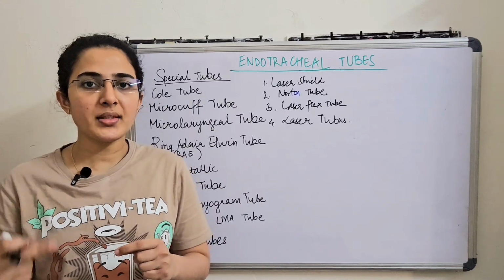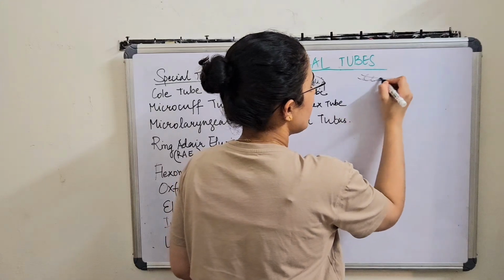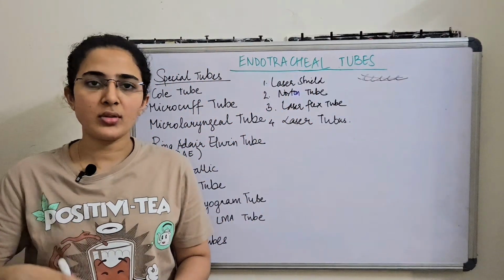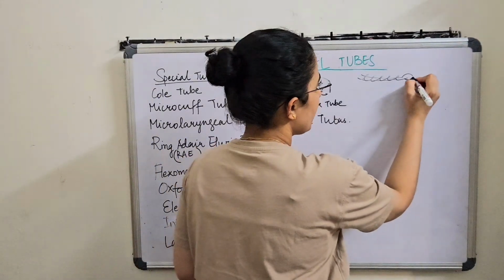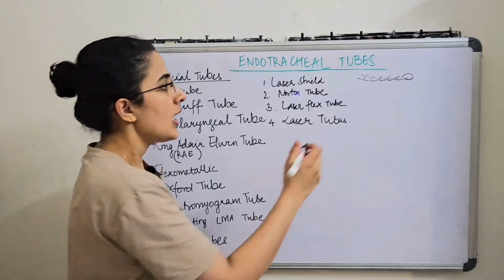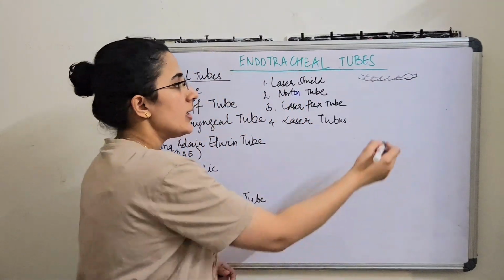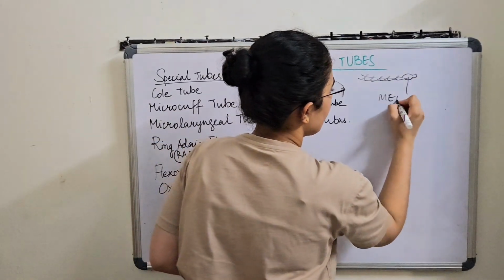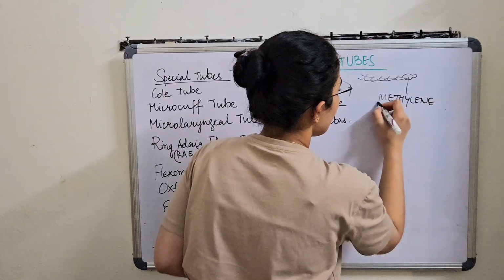That is, we wrap this tube with an aluminium foil, and that in turn is again wrapped with a Teflon foil. The cuff of the tube is not protected from the laser, and the portion of the tube just below the cuff is also not. So the cuff contains methylene blue crystals.